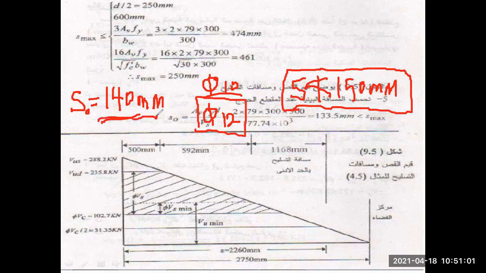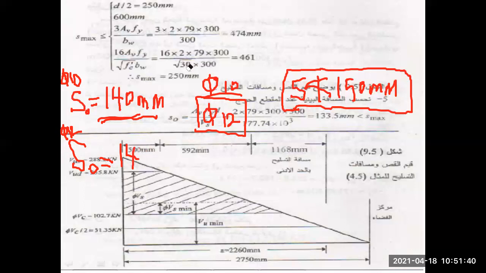Why? Because your spacing is less than 150. The larger the phi, the larger the spacing would be, because the stronger the stirrups are, the larger the spacing would be. So you now calculate S based on phi 12. This one was based on phi 10, and this would be based on phi 12. You calculate it, and you see that the spacing is probably improved to 145, as an example. Okay.